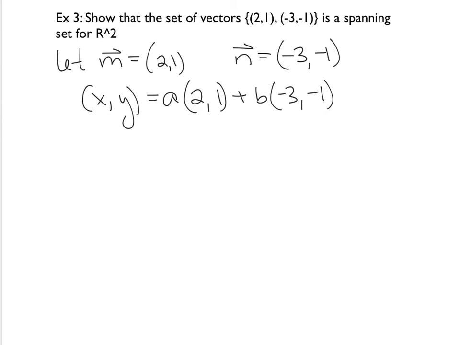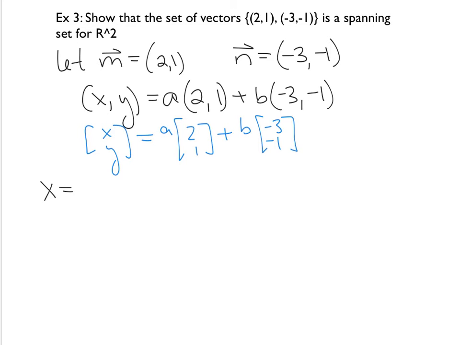I'm going to write it as a matrix. Now separate your equations. You get x is equal to 2a minus 3b, and y is equal to a minus b.